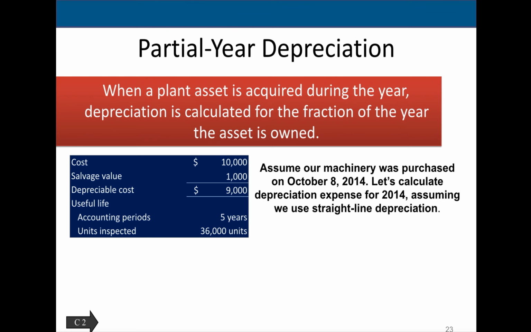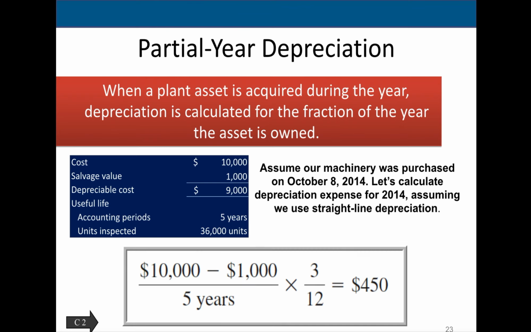When we talk about partial year depreciation, a couple of notes. Obviously, most companies are not going to buy and sell assets only on January 1st to December 31st. So almost always, when you calculate depreciation, the methods that I talked about will give you a year's worth of depreciation. Well, what if I bought the asset on October 1st, and my business works on a calendar fiscal year?